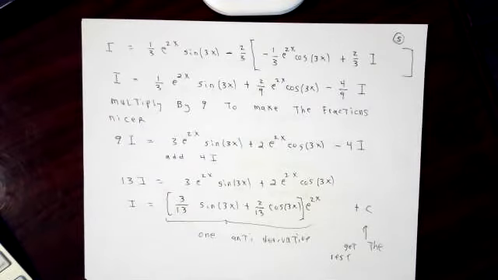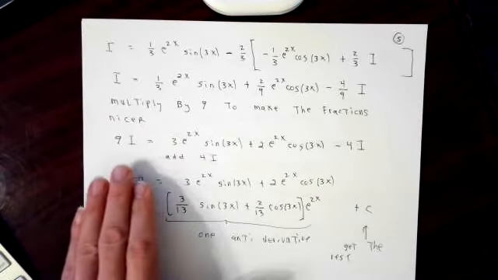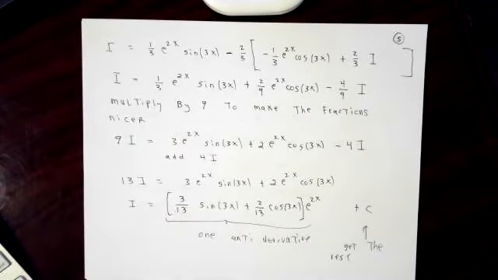To make the algebra nicer, multiply through by 9. This will get rid of all the fractions for us. Once you've done that, 9I is 3e to the 2x sine 3x plus 2e to the 2x cosine 3x minus 4 times I. Add 4 times I to both sides.